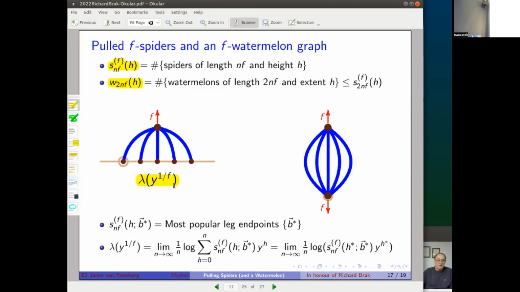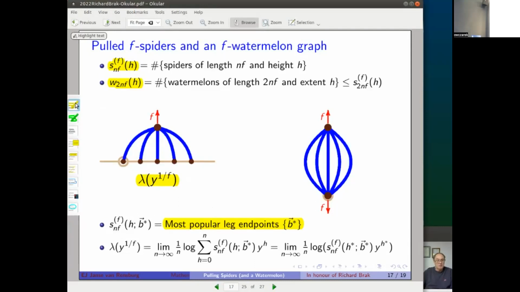Now, in a spider like this, there are most popular leg endpoint positions. So these are vectors where the endpoints of these legs live, and they're most popular places, ones which dominate the partition function as before. So B star would be the most popular positions of those leg endpoints.